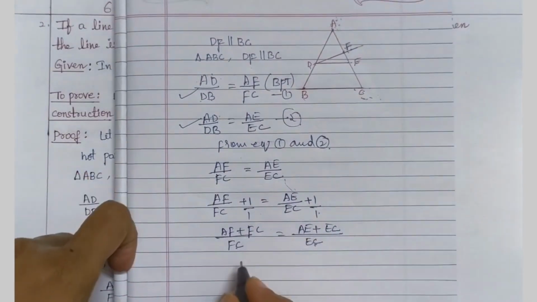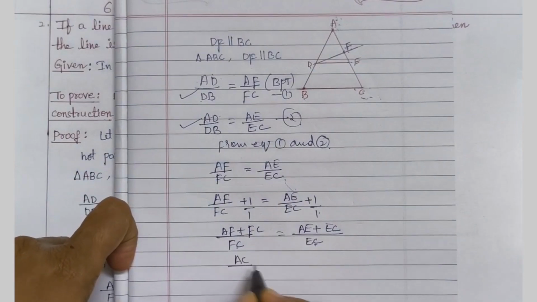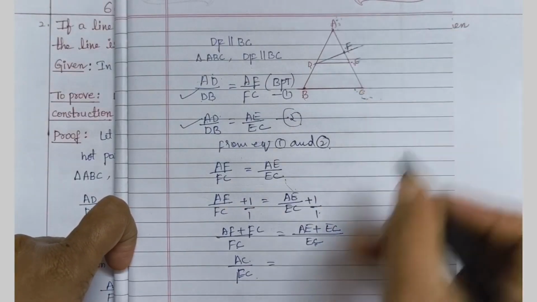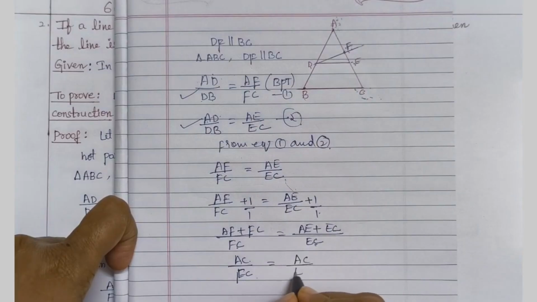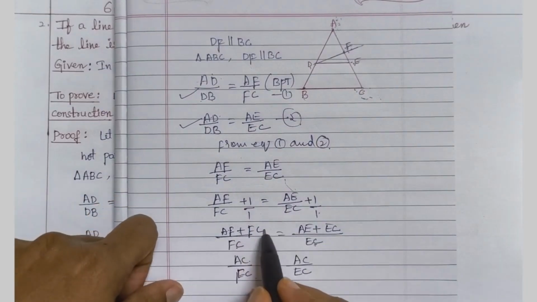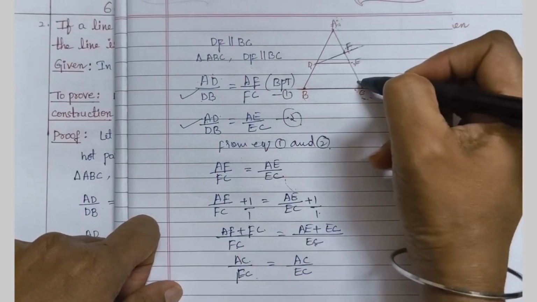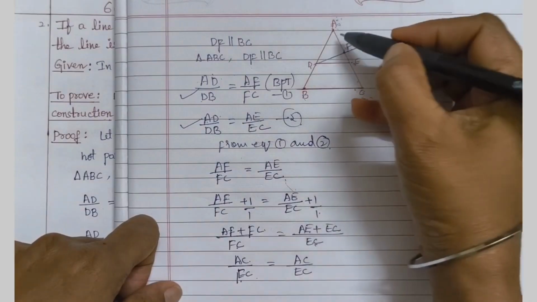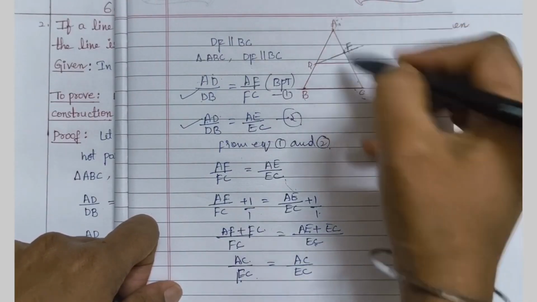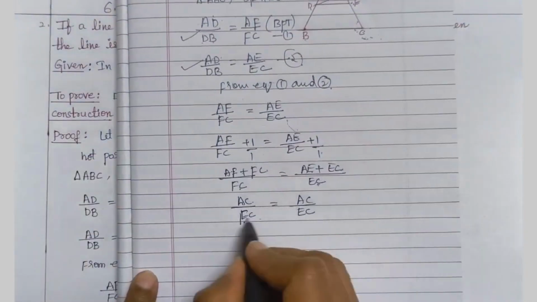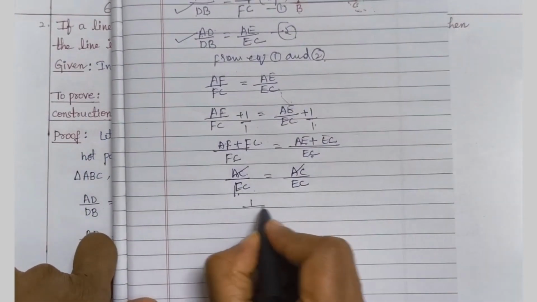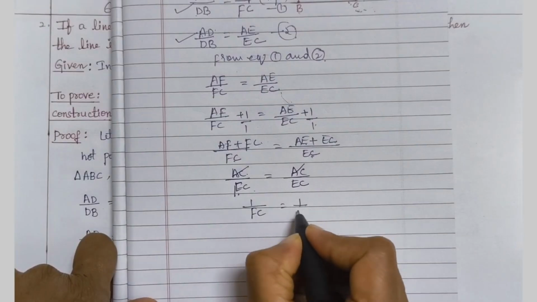So here we can write AC by FC is equal to AC by EC, since AE plus EC overall gives AC. Try to understand: AF plus FC gives AC on top, and AE plus EC gives AC on top. Now, this AC cancels. What remains? 1 by FC equal to 1 by EC.